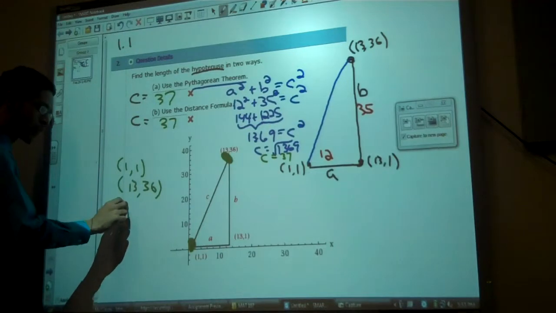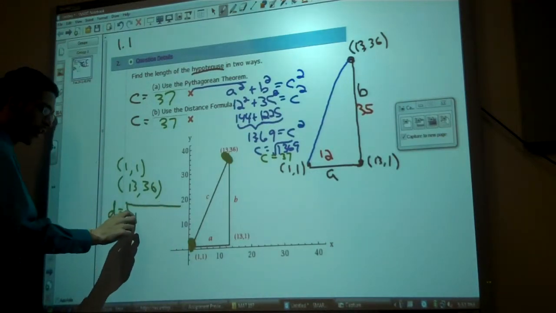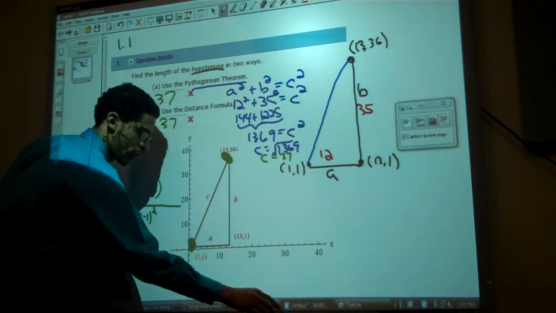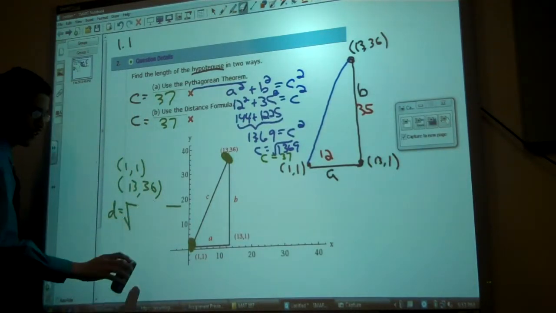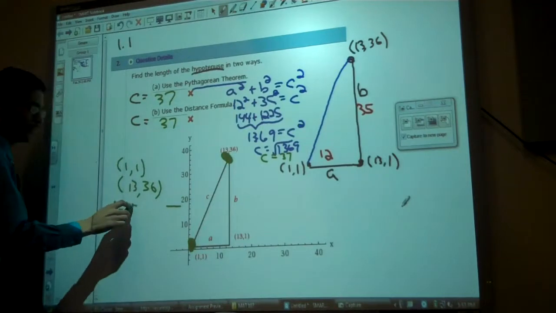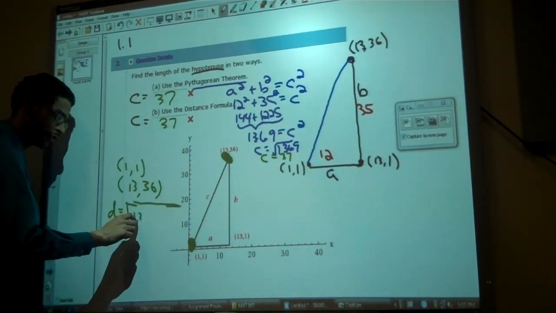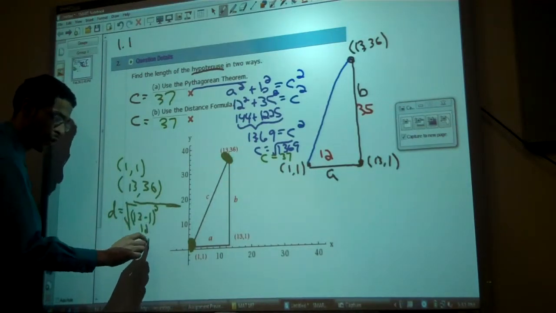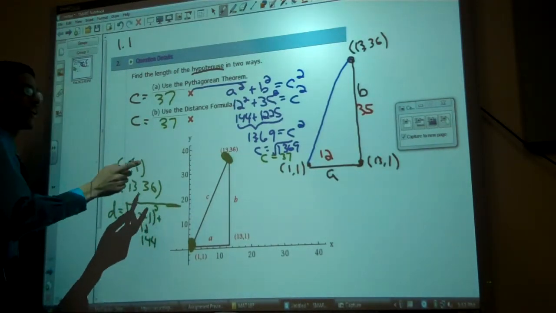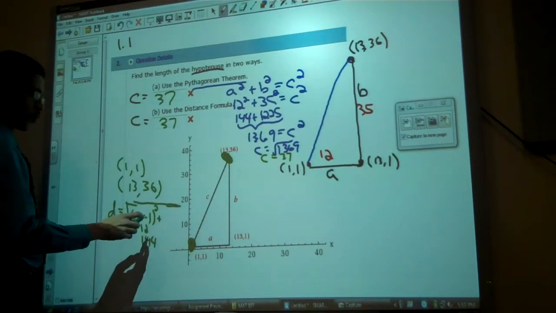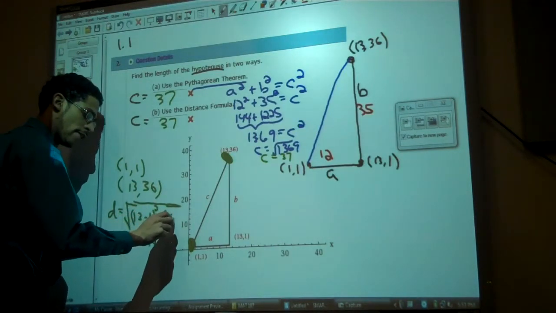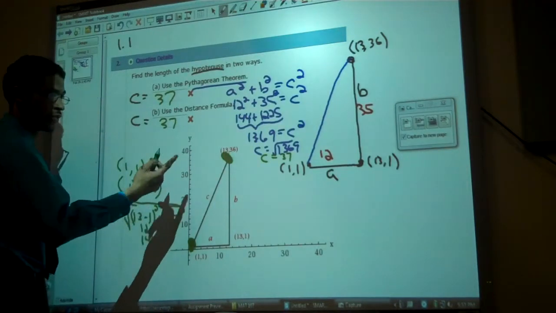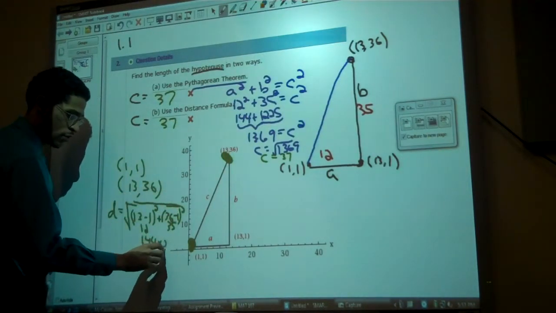The distance is the square root of 13 minus 1 squared, which is 12 squared, that's our 144, and 36 minus 1 squared, that's our 35 squared. Same numbers, same result.